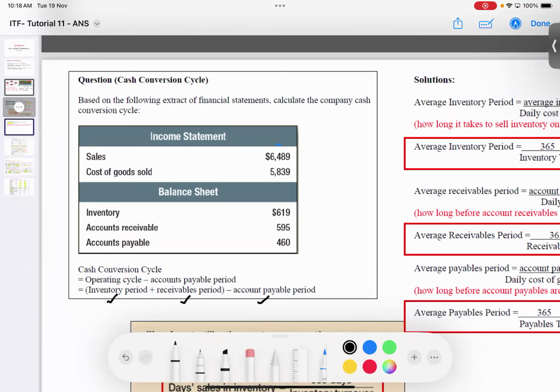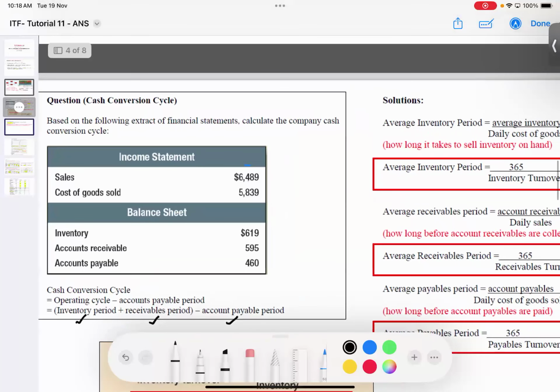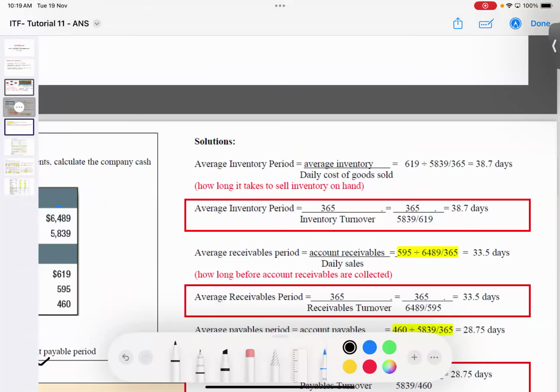You have two methods to calculate. One is the formula that I'm going to show you. The other is the formula that you learned in chapter 3 when you learned about ratio analysis. You learned this in the financial ratio chapter. For the first method, you use average inventory divided by daily cost of goods sold.